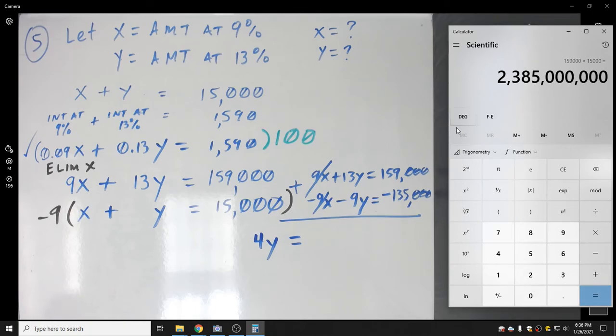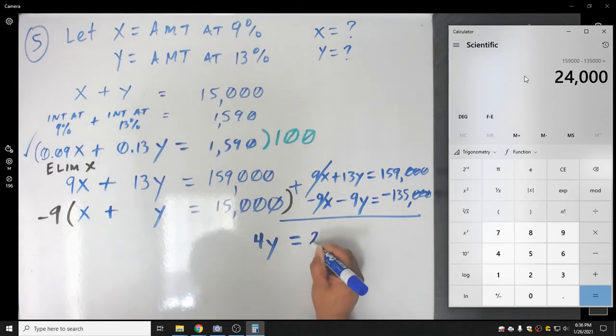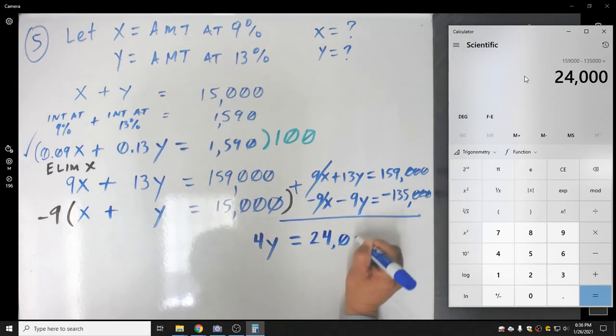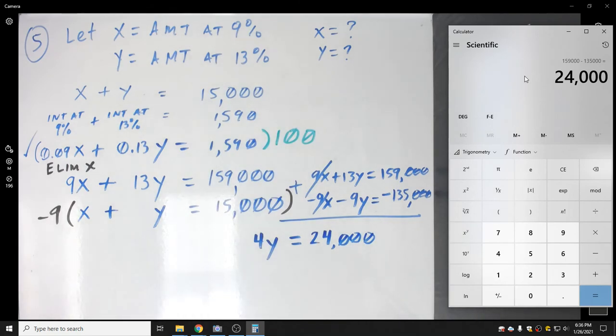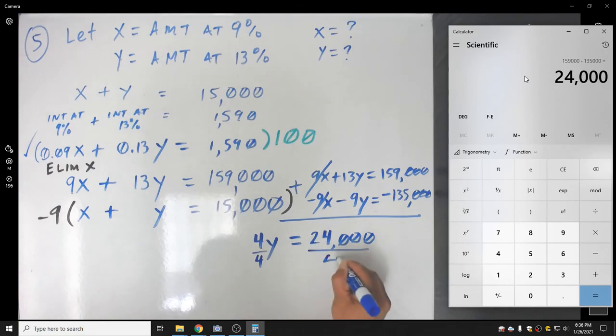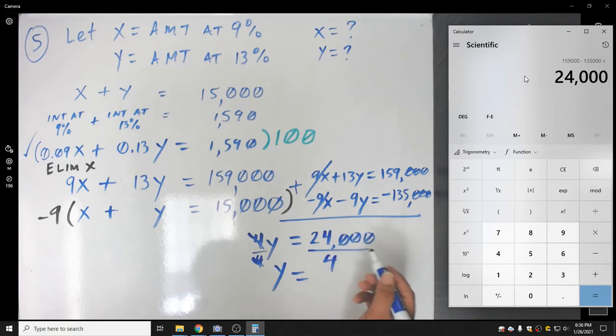I think I made a mistake here. So 159,000 minus 135,000 is 24,000. Okay. Now we can solve for y, so just divide both sides by 4. And we end up with y equaling 24,000 divided by 4, which is 6,000.